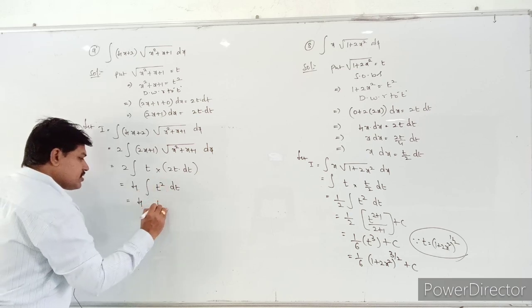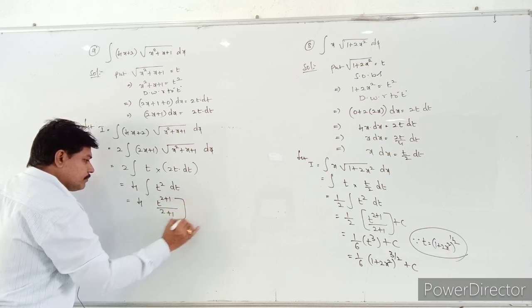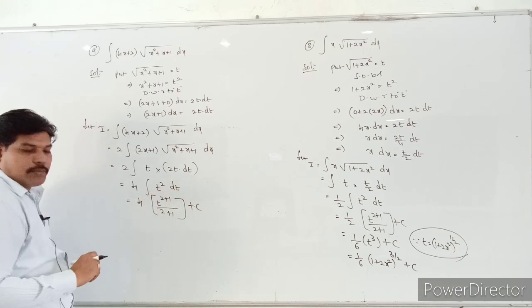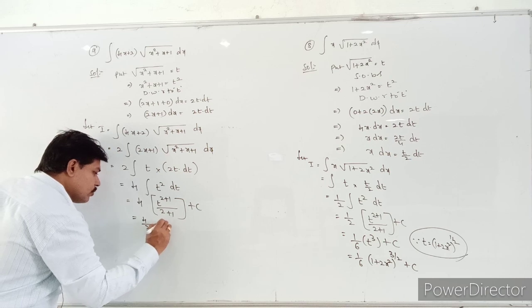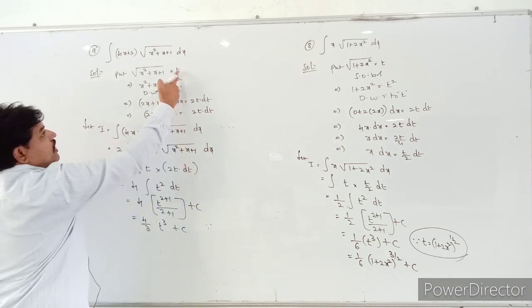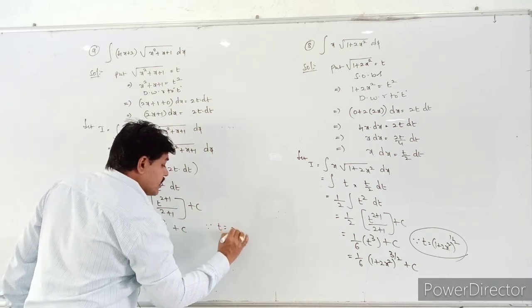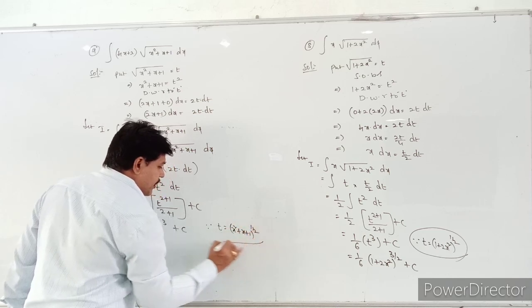So that is equal to 4 into t square integration. t square integration is t power 2 plus 1 by 2 plus 1 plus c, x power n plus 1 by n plus 1. So that is equal to 4 by 3 into t cube plus c. So what is the t value? t value is x square plus x plus 1 whole power 1 by 2.